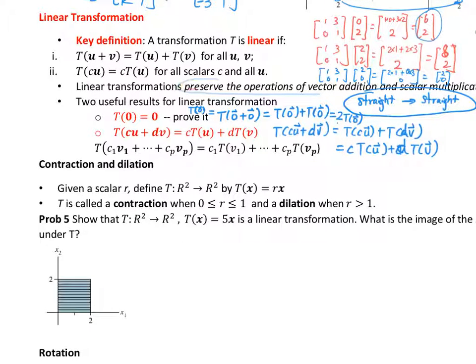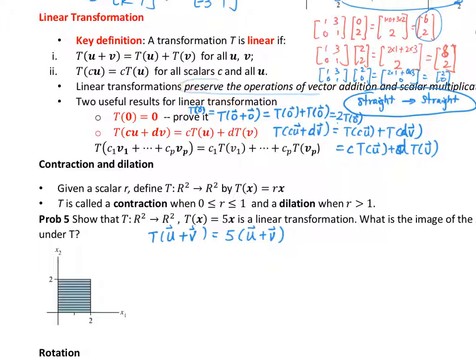Basically, these are the two properties you want to show. So, for instance, let's begin with T of u plus v. According to this definition, it should be equal to 5 times u plus v, because T of x equals 5 times x, and this is my x.